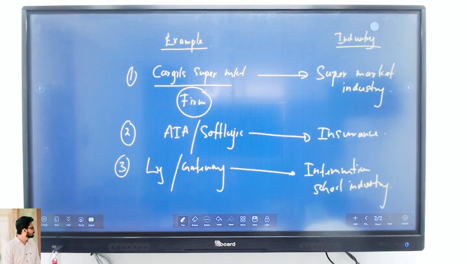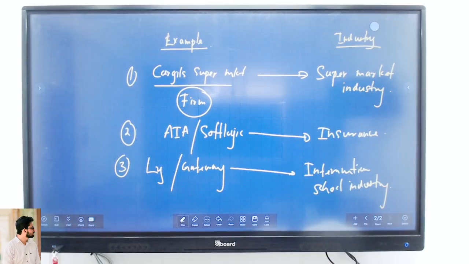Kalana, tell me, who are the service providers in Sri Lanka mainly? Who dominates the telecommunication service industry? Dialog, Mobitel, and Hutch and Airtel. Does it exist, or I don't know?